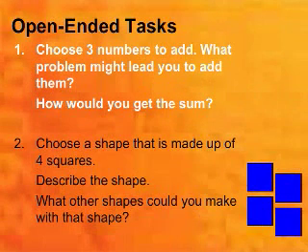Instead of saying, hey kids, I have 3 and 4 and 6, so what's 3 plus 4 plus 6? Instead of saying it that way, or whether it's 2-digit or 1-digit or whatever, you can say, okay, what I want you to do is I want you to pick 3 numbers and that you're going to add them, and I want you to come up with a problem that would lead you to add those numbers and tell me what your answer is.